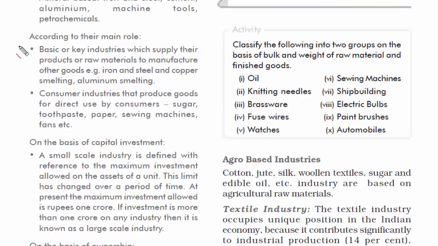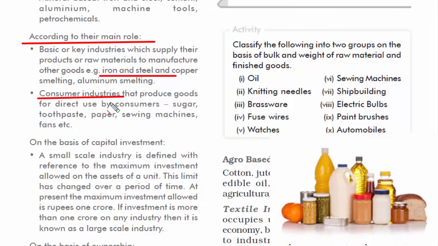Another form of classification is done based on their main role. When we say main role, we mean their area of expertise. We know the main role of iron and steel industries: their work is just to produce iron bars, steel and metal frames. Then we have consumer industries, which are purely dedicated to making things used by consumers, things that we use in our day-to-day life in our household.